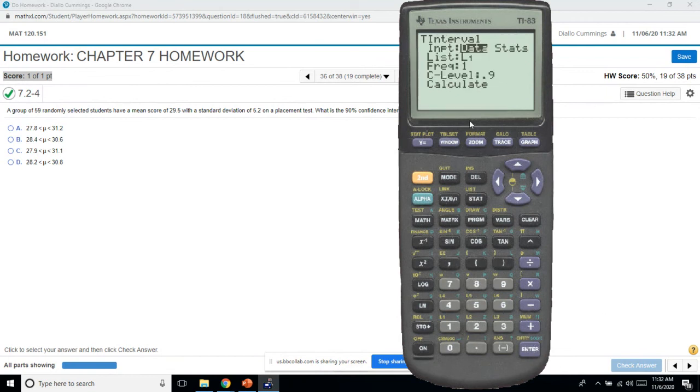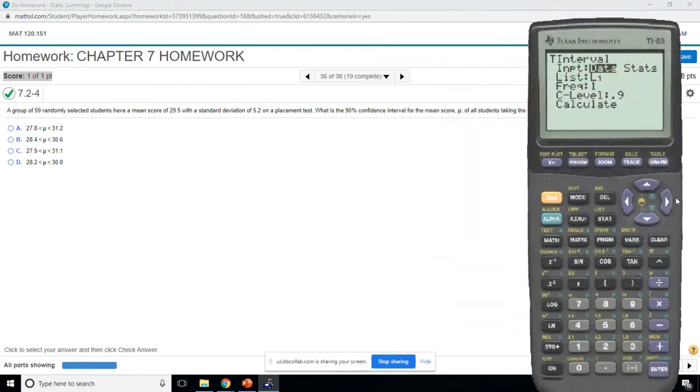Once I hit T interval, I'm given the option to enter the data or put in the statistics. Here I have the statistics. The statistics would be the calculated mean, so I put that in as 29.5. The sample standard deviation is 5.2.